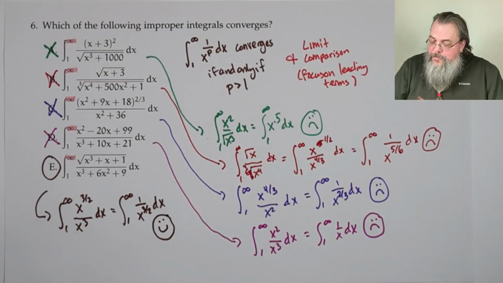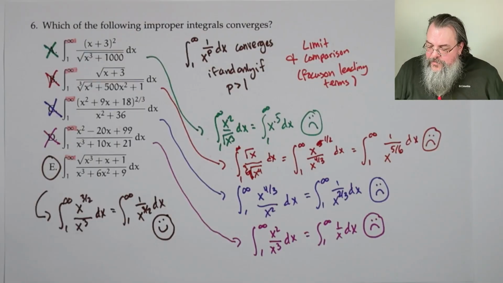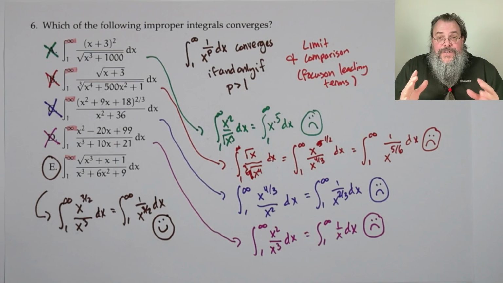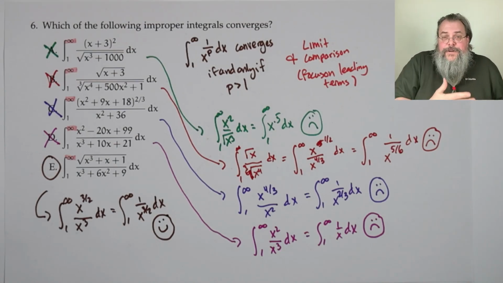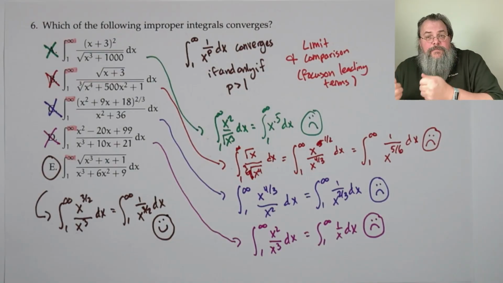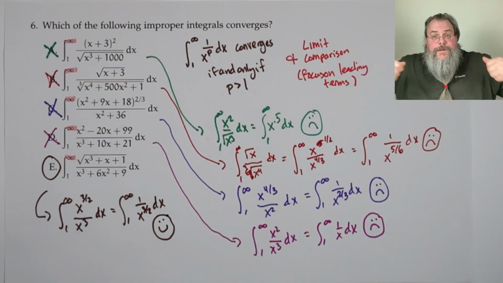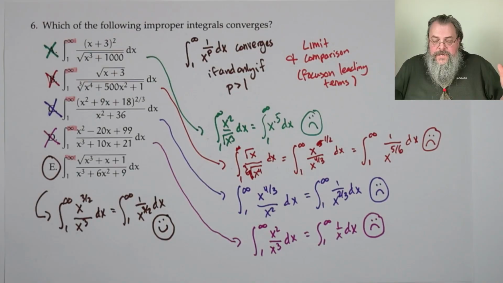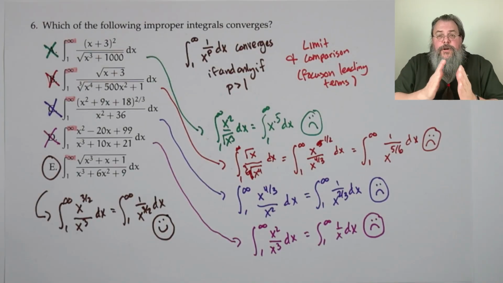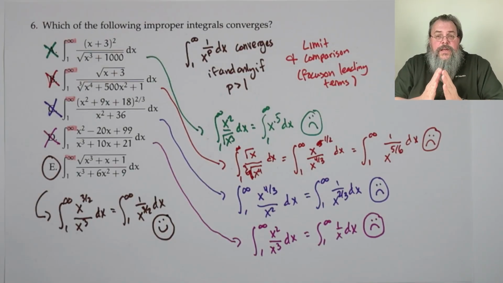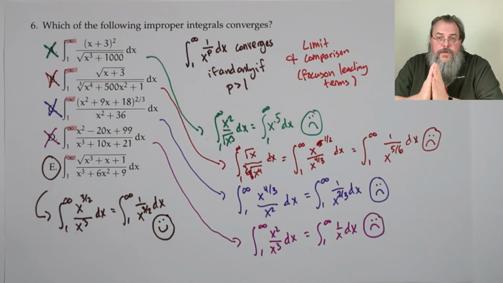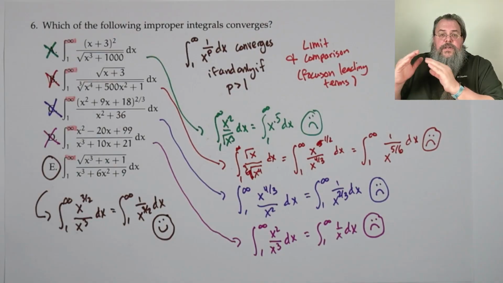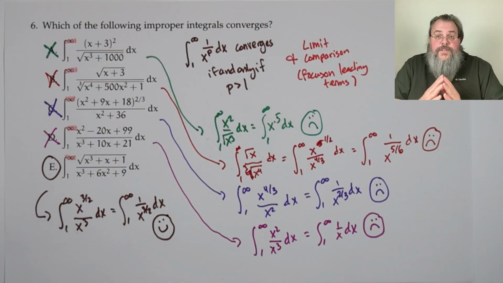All right, now, I don't know if I said it explicitly, but let me just do a recap here. What's going on with limit comparison? The idea is, I want to figure out whether or not my integral converges, so I'm going to compare something which has the same rate of growth. It will converge if and only if the simpler thing converges. So by throwing out the lower order terms, I can tell whether or not the whole thing converges.